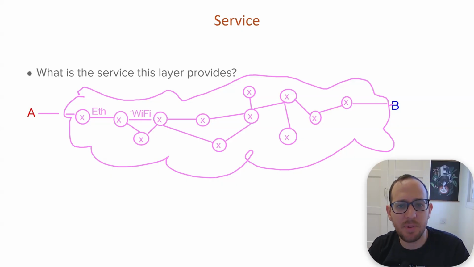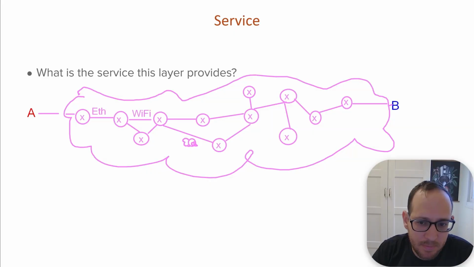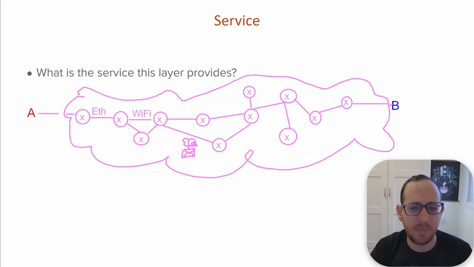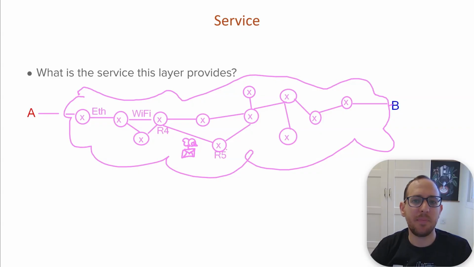And let's say the links between those routers are actually carrier pigeons. Yep, so we have a pigeon here that actually flies from router 4 to router 5, transmitting packets each time.